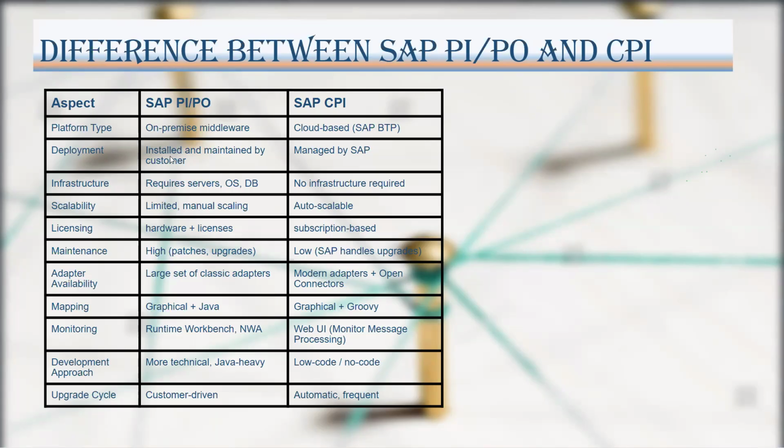Deployment: installed and maintained by the customer itself. That means if you take any on-premises software, you have to install it on your own and maintain it yourself.